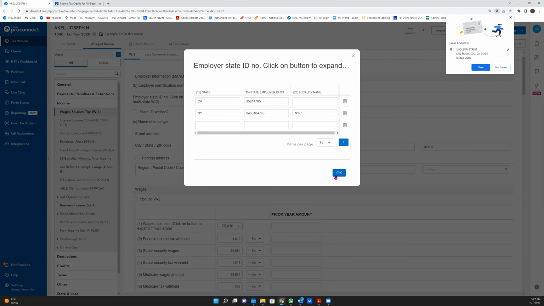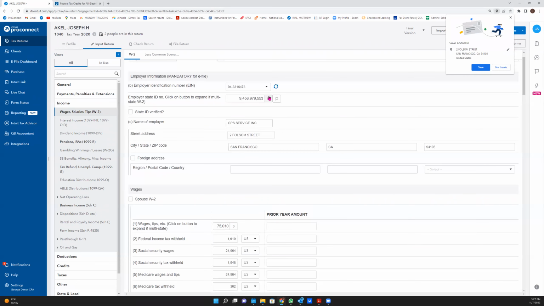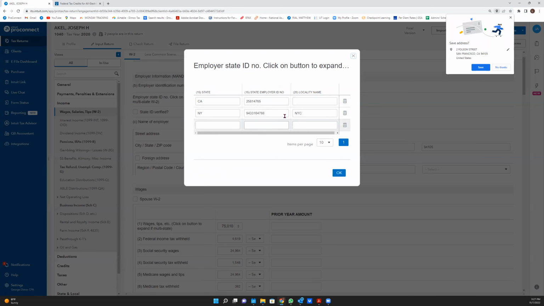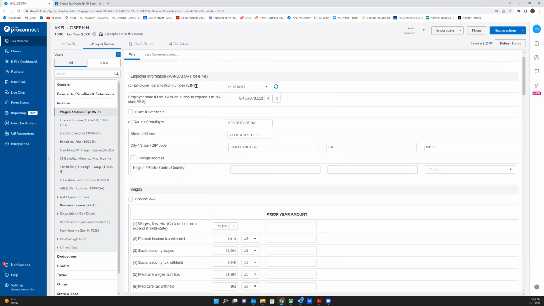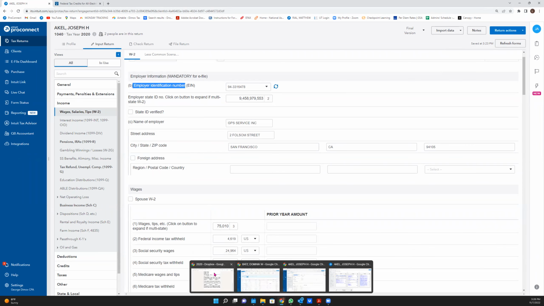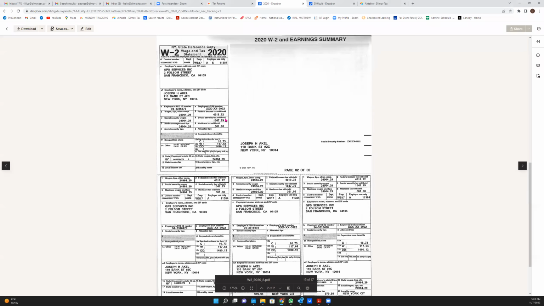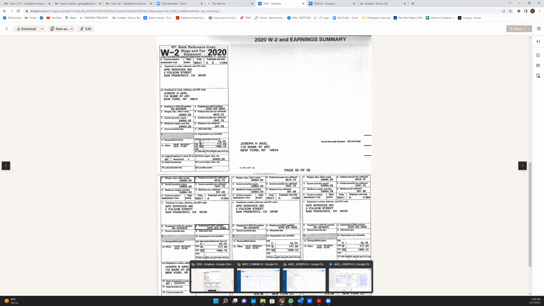So if this is blank, you would simply click on the list to add things, and then you can go ahead and input. It must have the employer identification number, which you can usually find right here, employer's federal ID number.